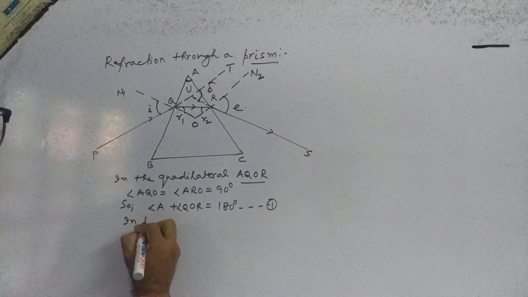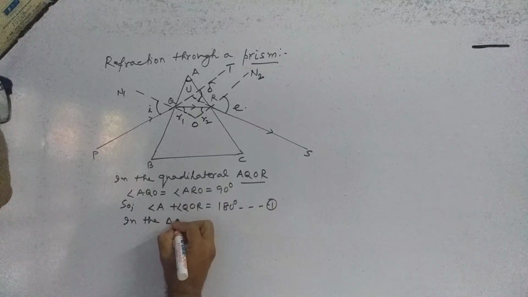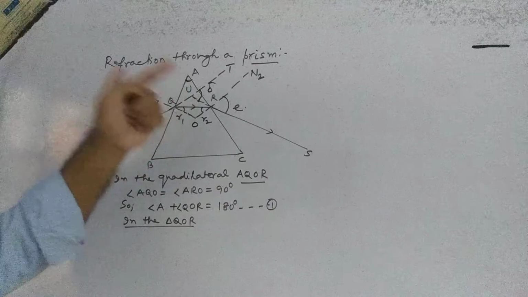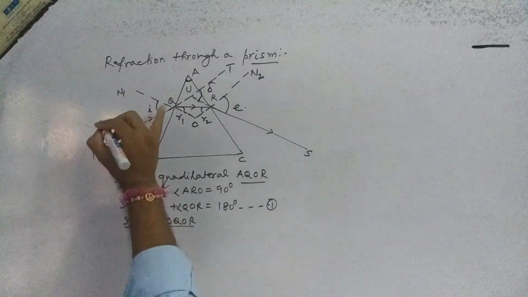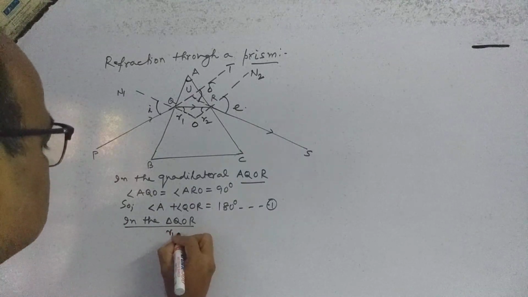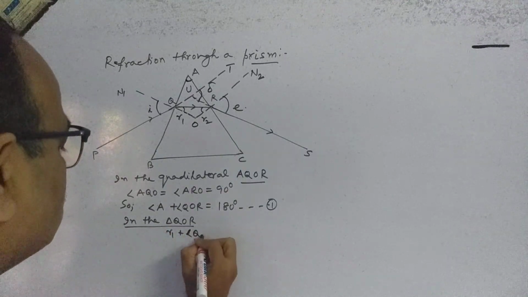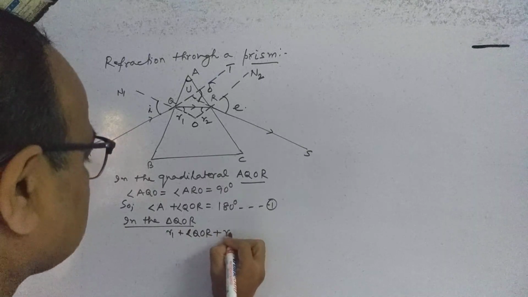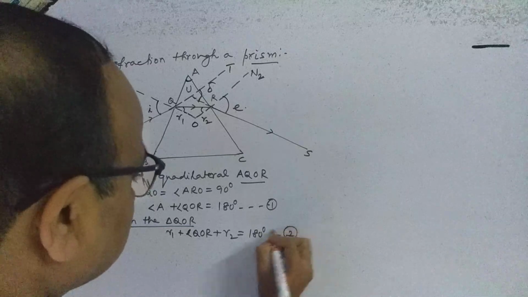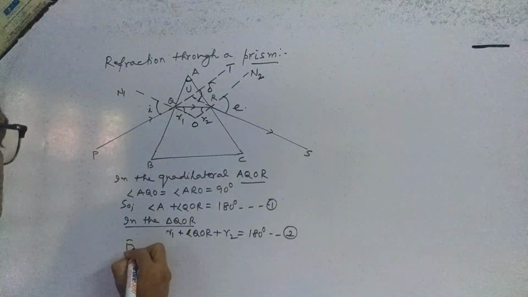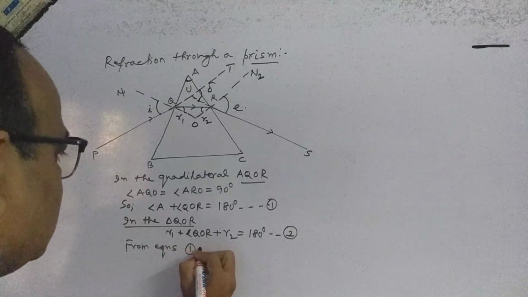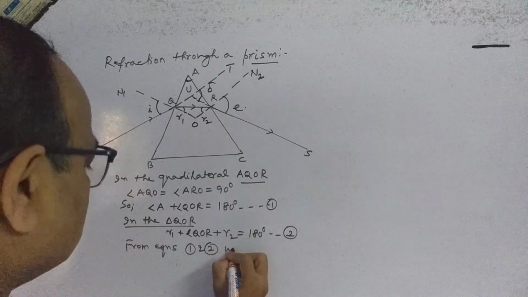In the triangle QOR, let us take the triangle QOR. How much shall we get? In the triangle QOR, R1 plus angle QOR plus R2 should be 180 degrees. I take it as equation 2. From equations 1 and 2, what do we get?